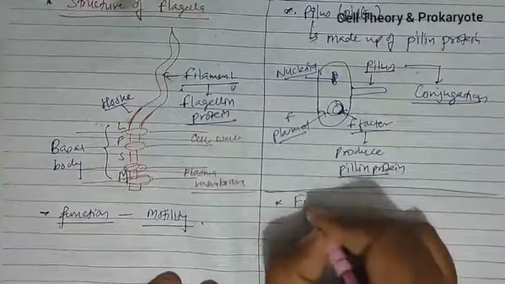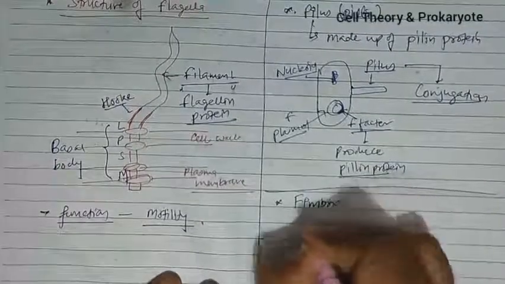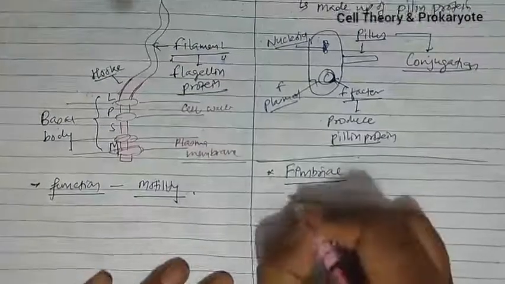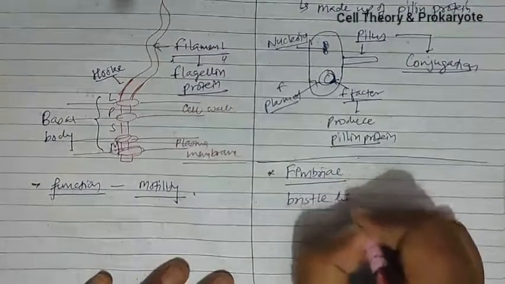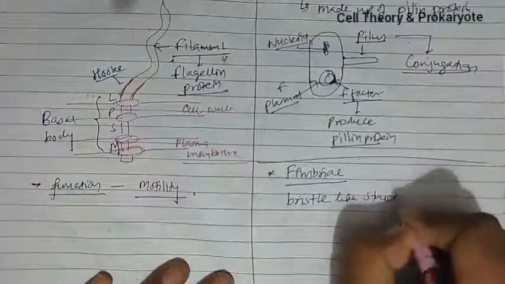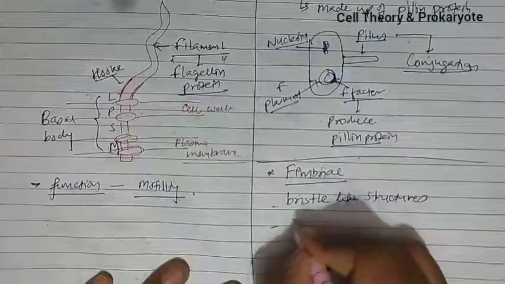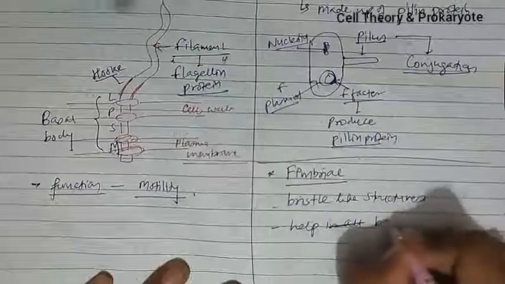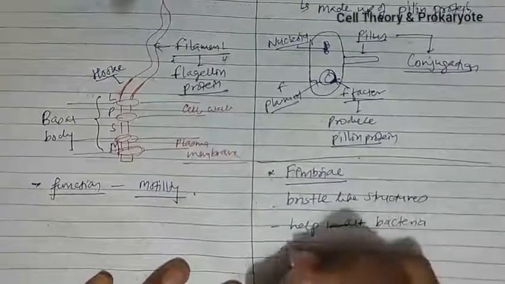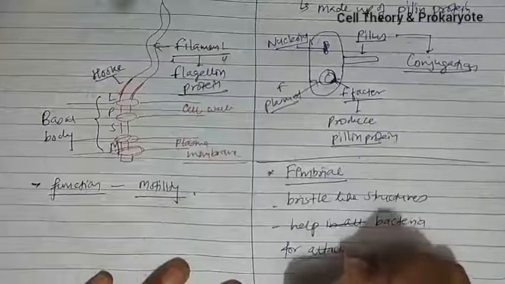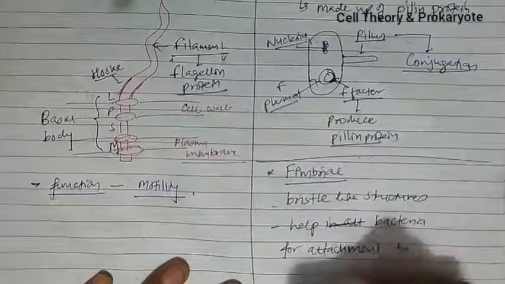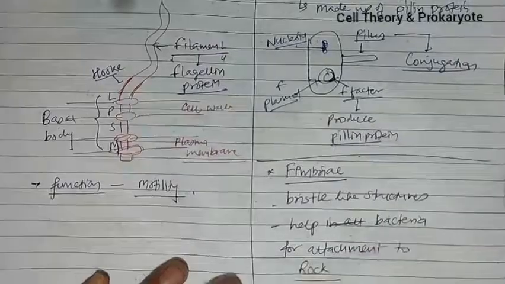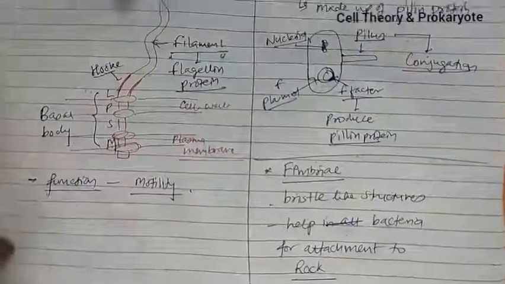Next to pilus we have some structures that are named as fimbriae. Fimbriae are bristle like structures growing from the cell wall, and they help bacteria in attachment to rock.